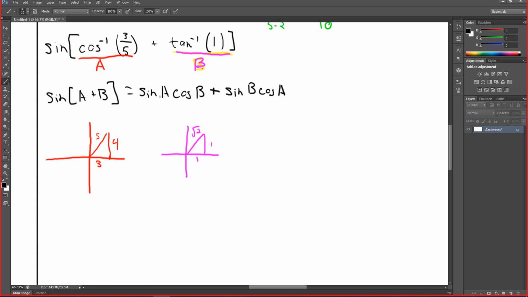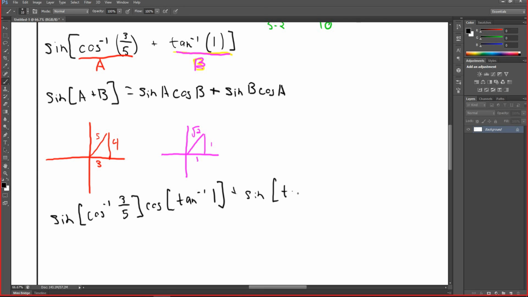We then just do exactly what we did before. We re-plug our A and B back in, having solved each piece. So I have sine of cosine inverse 3/5, cosine of tan inverse of 1, plus sine of tan inverse of 1, cosine of cosine inverse of 3/5.